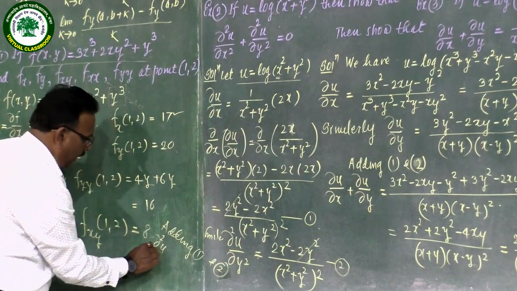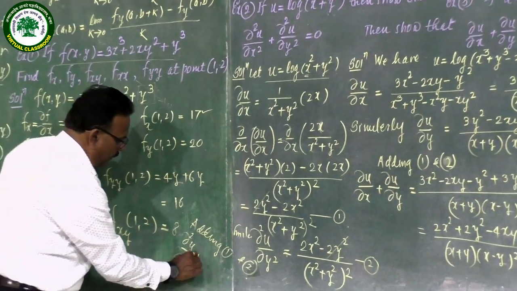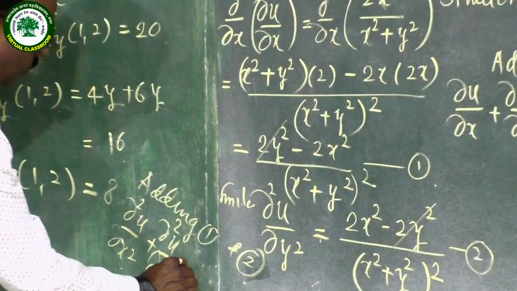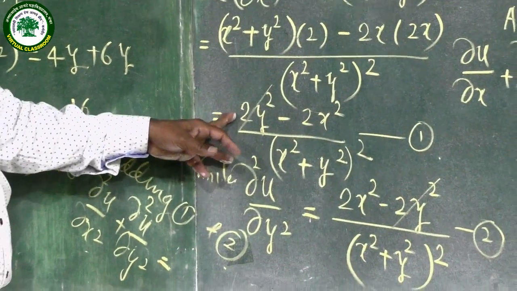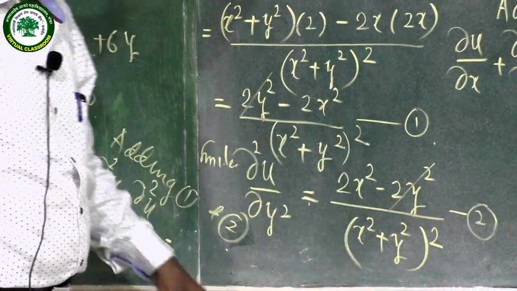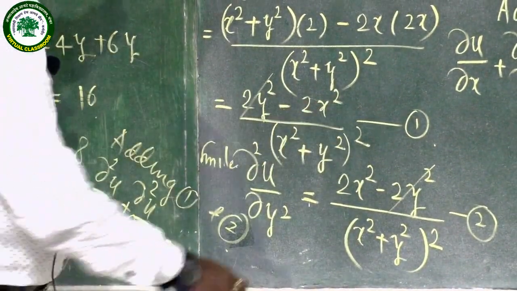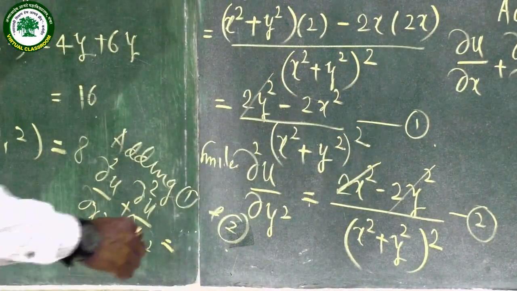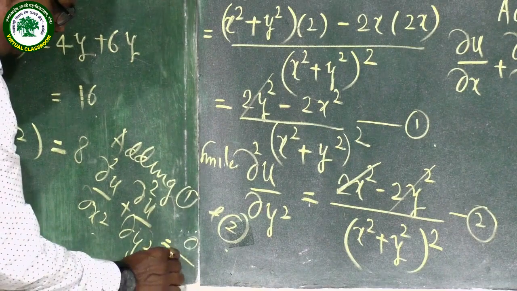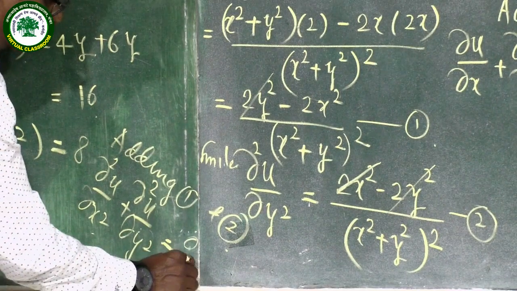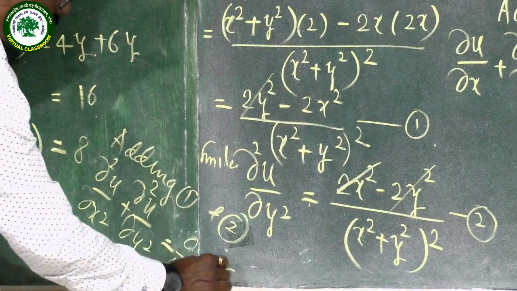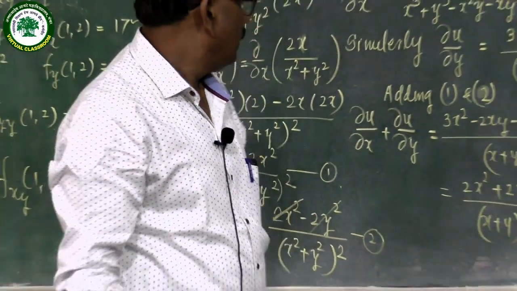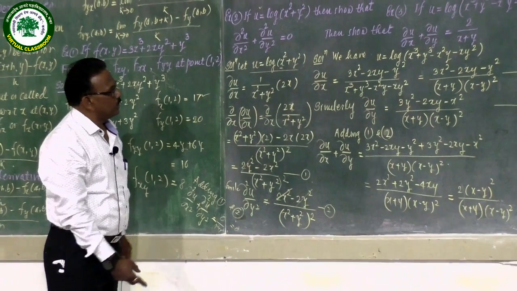Partial square u by partial x square plus partial square u by partial y square is equal to, in the numerator, 2y square gets cancelled with minus 2y square, minus 2x square will be cancelled with 2x square, and finally the numerator is 0 divided by (x square plus y square) bracket square, but due to this 0 it is finally 0. Numerator is 0, therefore the answer is 0.